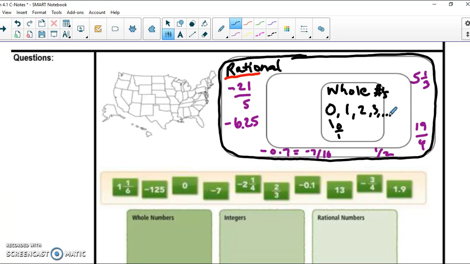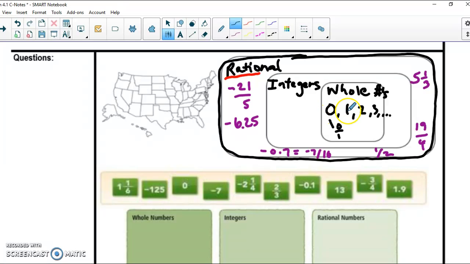And then in between my category of rational and whole numbers, I have another category called integers. And integers would be all of my whole numbers. Notice that the whole numbers category is inside of integers. So all of my whole numbers are integers. But integers also includes all the whole numbers' opposites.